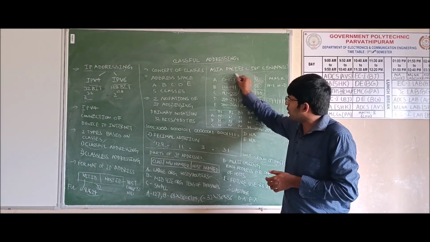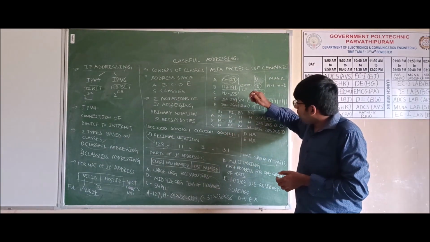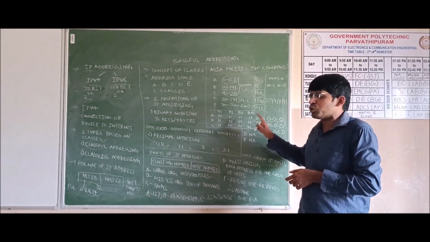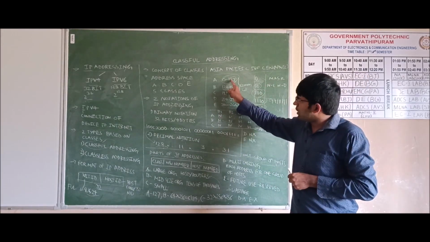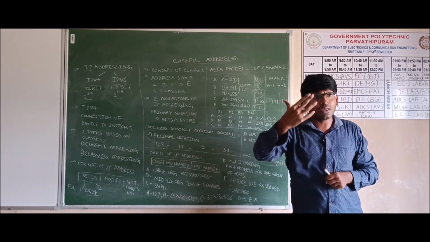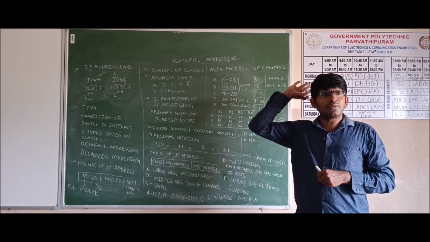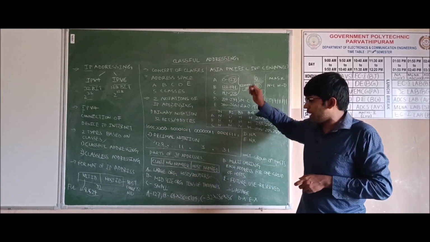How many networks? 128. But the number of addresses is more: 256 times 256 times 256. So for a large organization the number of networks might be small, but in each network we have large connectivity of addresses. For the large organization we use class A.